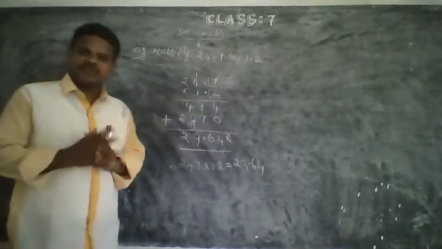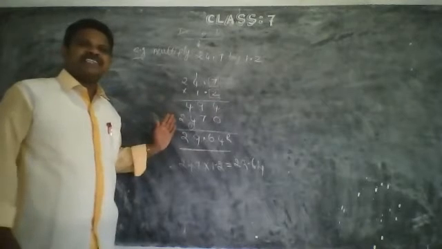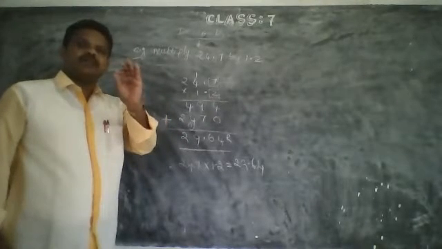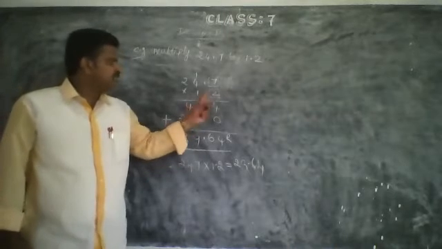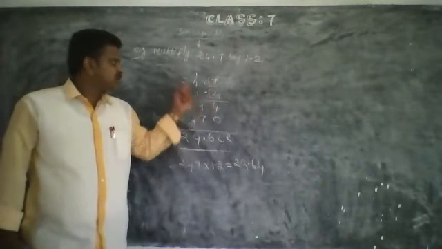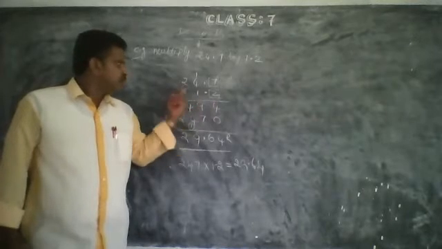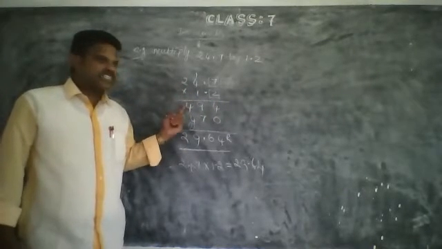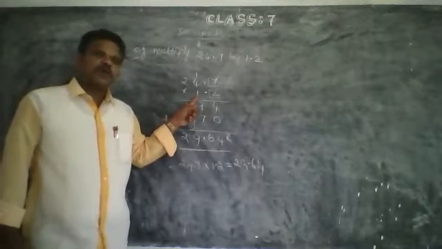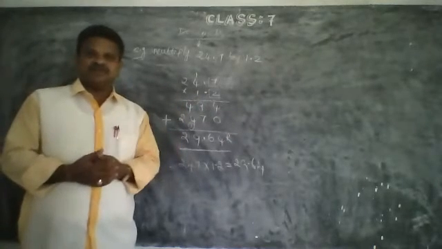Align the two numbers and multiply. You just assume that there are no decimal points and do the multiplication as we did in the multiplication of whole numbers. After that, 2 sevens are 14, 2 fours are 8 plus 1 is 9, 2 twos are 4. Next, the tens place. You know what we get when we multiply a number by 10?